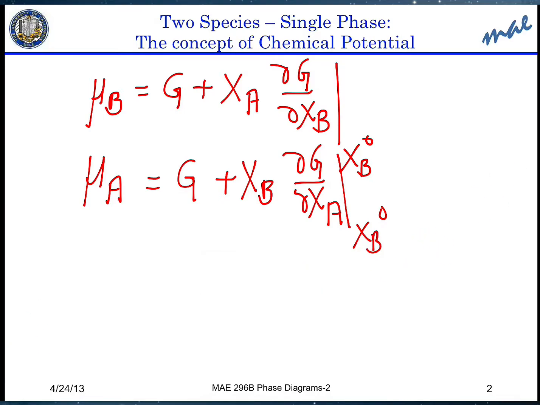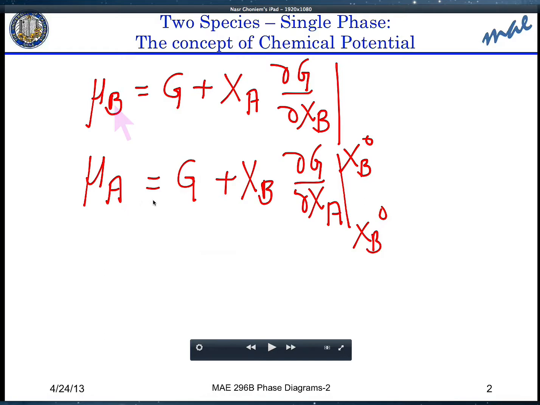Note that in the top equation we have mu sub B, and we have X sub A on this side, and we have dG by dX sub B at X sub B 0. And note here that mu sub A is written in terms of X sub B and dX sub A.